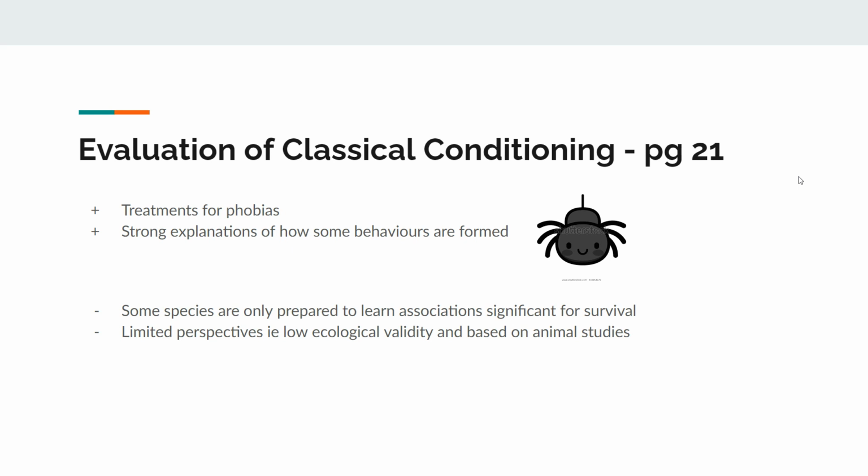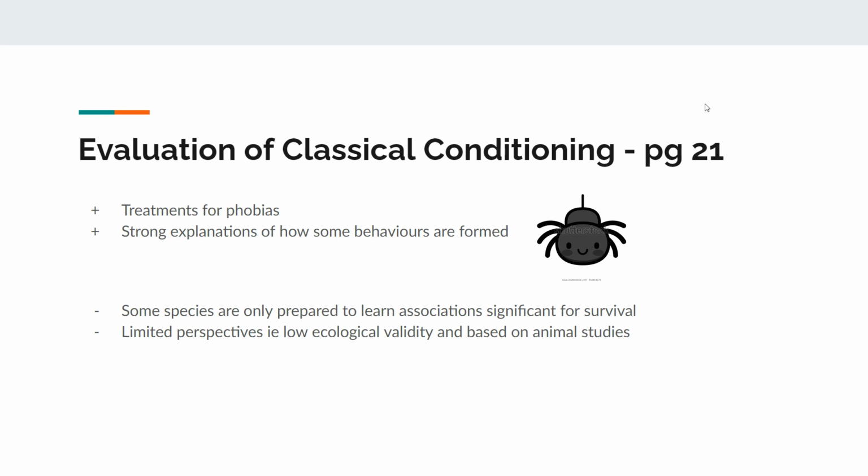They've just got food and they're pairing it with a bell. It doesn't tell us a huge amount about what would happen in real life with real life experiences. Furthermore, animal studies are the basis for classical conditioning. We've talked about Pavlov's dogs, but there's lots of different animal research that's been carried out. So this limits how useful this is in explaining human behaviour.